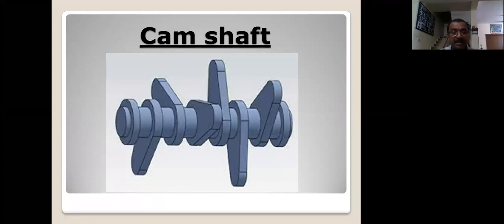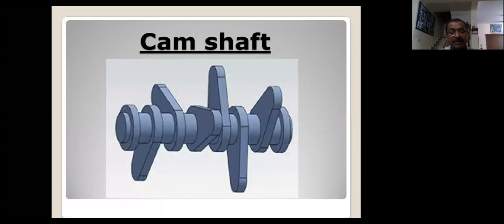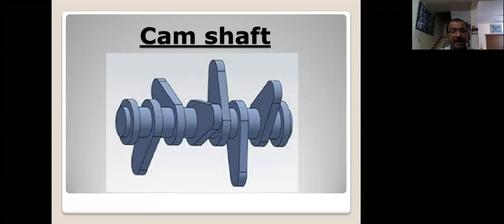This portion will be pushing some other portions for a time, then it will be releasing. This portion, while rotating, will be meeting with some other portions of the engine, and it will be making some up and down motions.